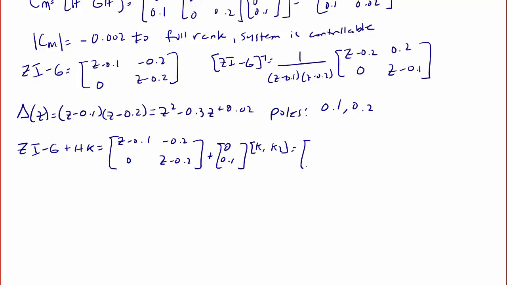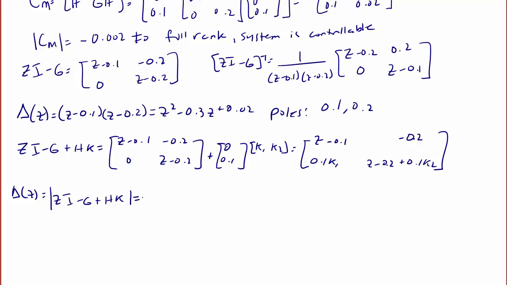So the result is [z minus 0.1, negative 0.2; 0.1 K1, z minus 0.2 plus 0.1 K2]. Next, we find the determinant of the state variable feedback system. So it's the determinant of zI minus G plus HK, and this will yield the characteristic equation. And it is (z minus 0.1) times (z minus 0.2 plus 0.1 K2) minus 0.1 K1 times negative 0.2.